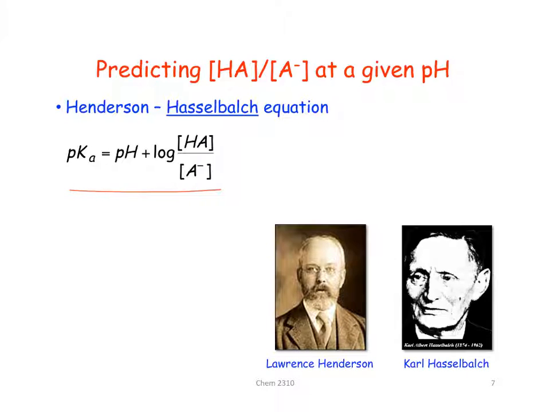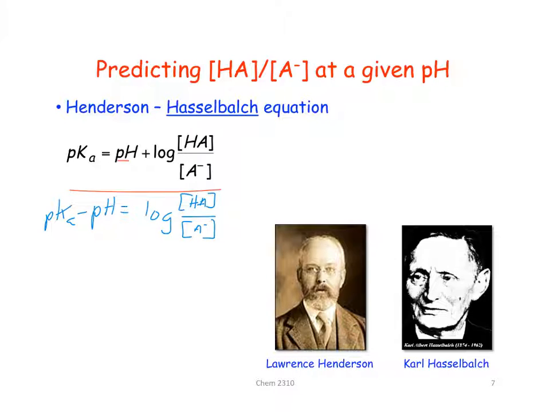So let's just rearrange this a little bit, and we can put it into a form that gives us some information about what layer these compounds are going to dissolve into. Okay, so first I'm going to subtract the pH from both sides. So I'm going to get the pKa minus the pH equals log of the acid concentration over the conjugate base concentration.